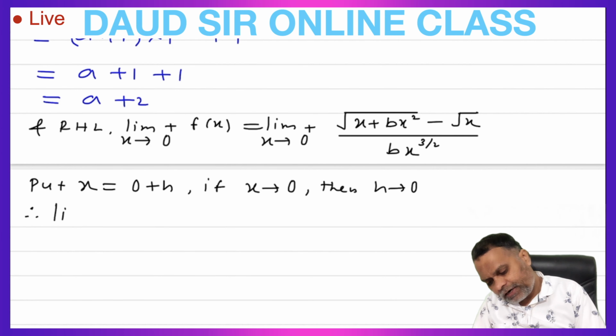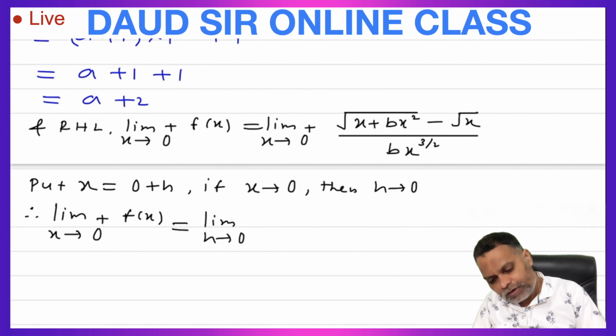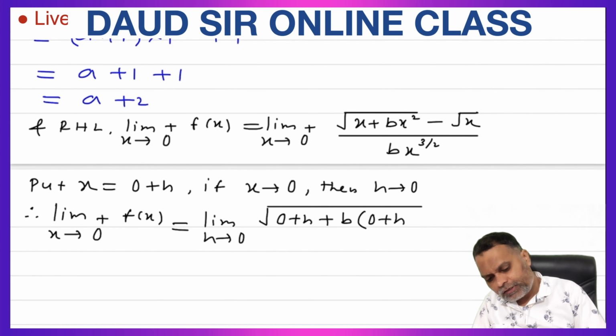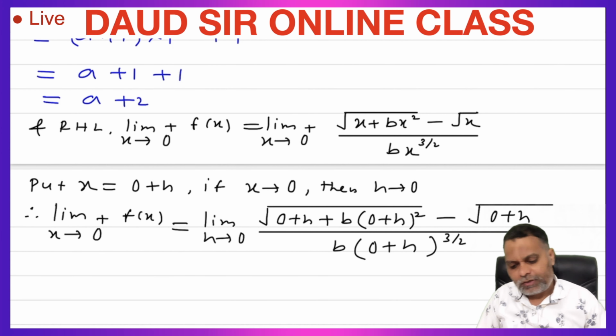Therefore, right hand limit will become limit h tends to 0 of under root of 0 plus h plus b into 0 plus h whole square, minus under root of 0 plus h, upon b into 0 plus h whole raised to the power 3 upon 2.